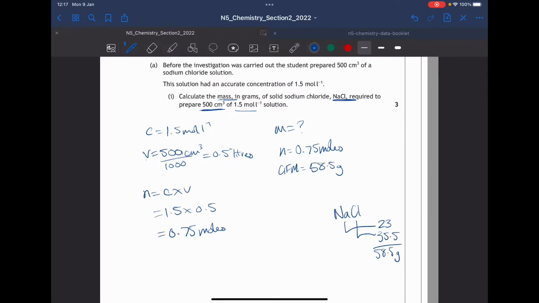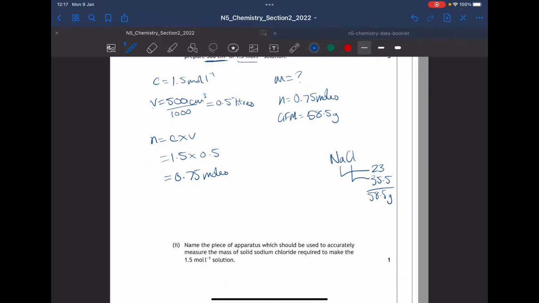So now we know n and GFM, we can use the n, m, GFM relationship to work out what m is. So m is equal to n times GFM. In this instance, that'll be 0.75 times 58.5.